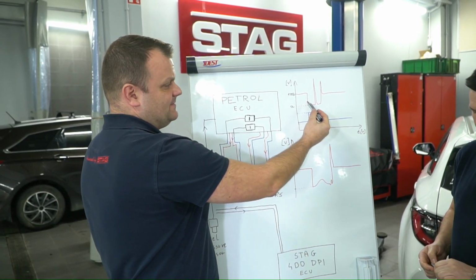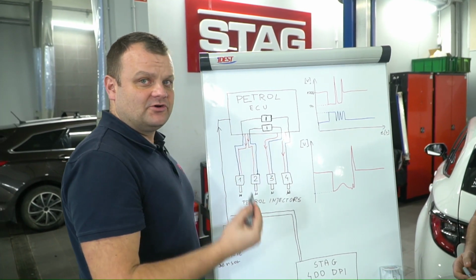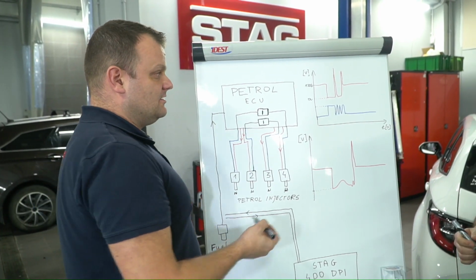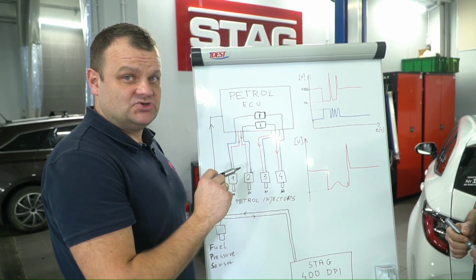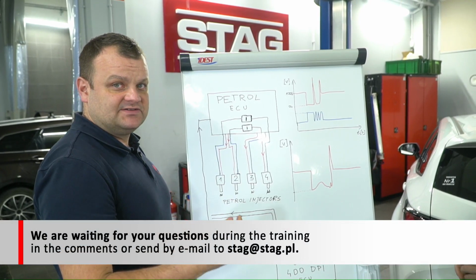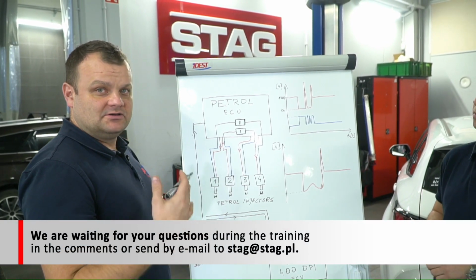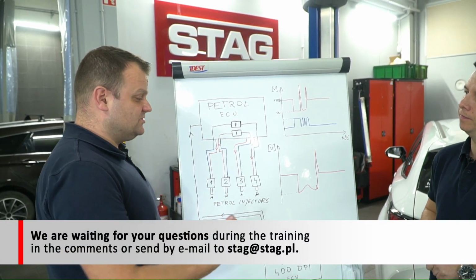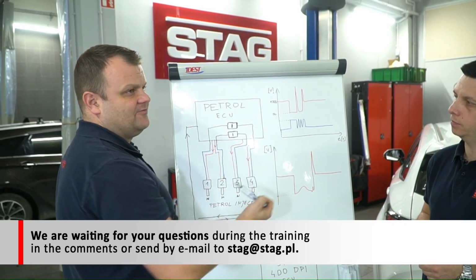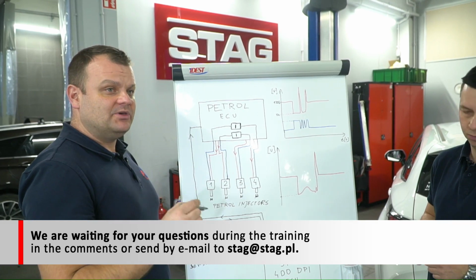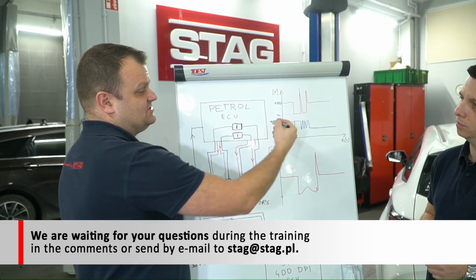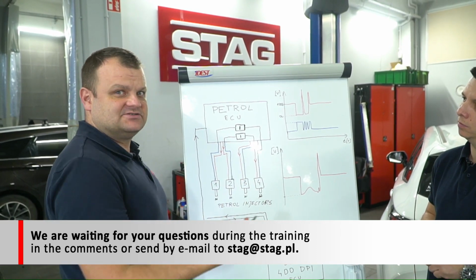The reason is that the signal is totally different compared to typical MPI engines. We can even burn the gas ECU. We can even burn the petrol ECU if we connect a typical MPI gas ECU. That is the reason: the high voltage, the untypical signal, and also, compared to MPI engines, the power supply for the injectors is just 12 volts.